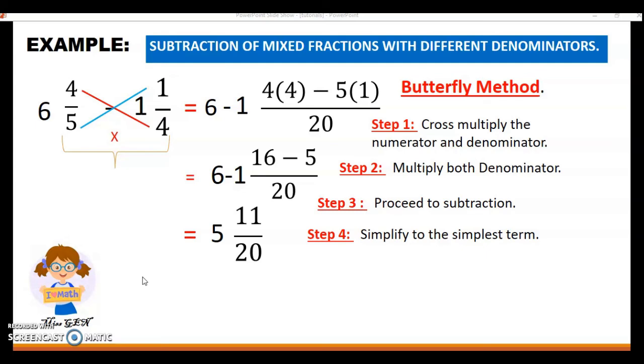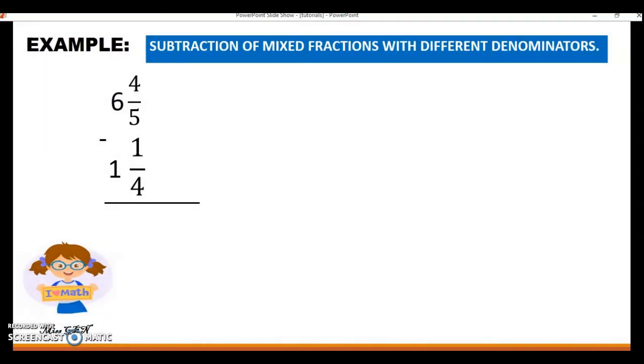Let's try a different method in subtraction of mixed fractions with different denominators. We will be using the same problem but a different method. Here, we use the stock form in writing our mixed number. So 6 and 4 over 5 minus 1 and 1 over 4.